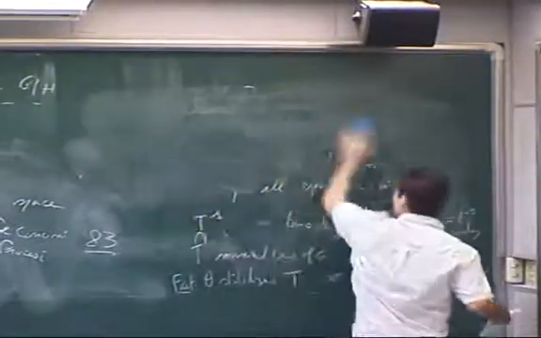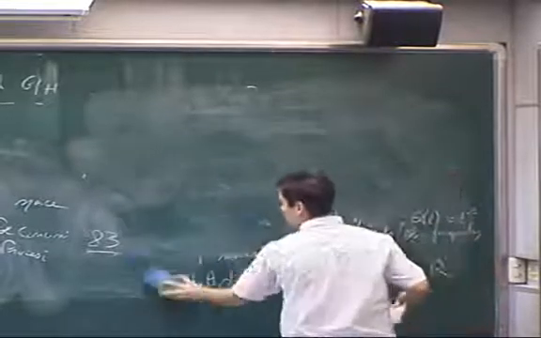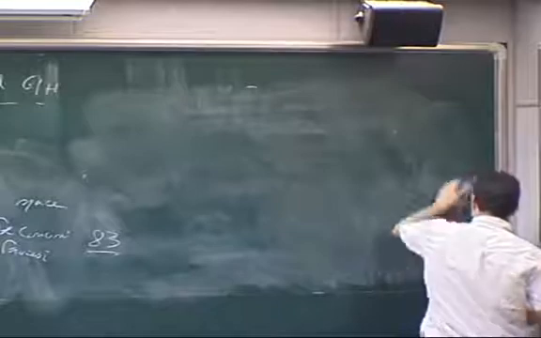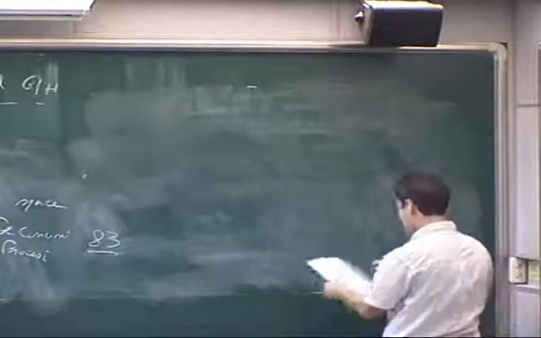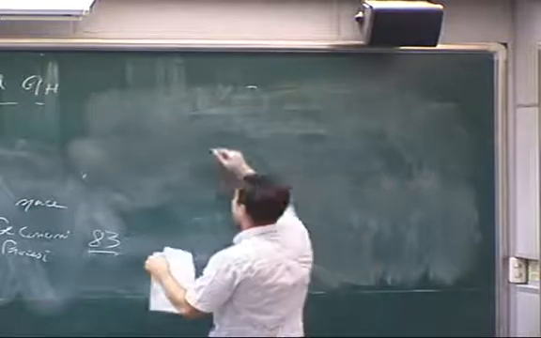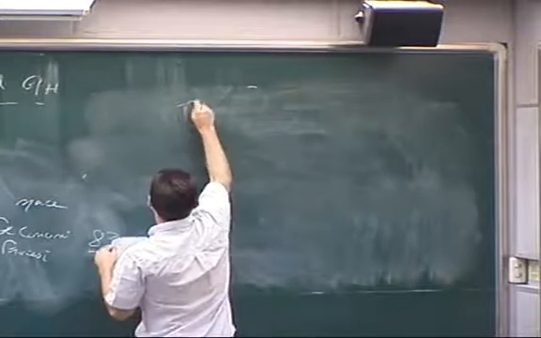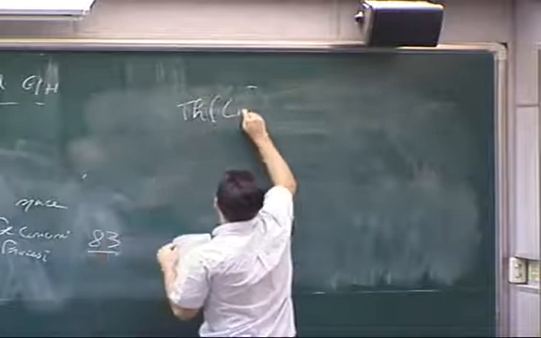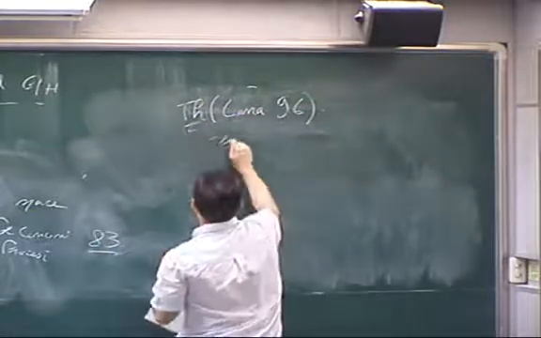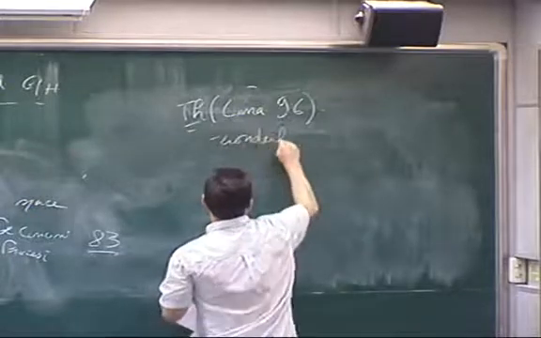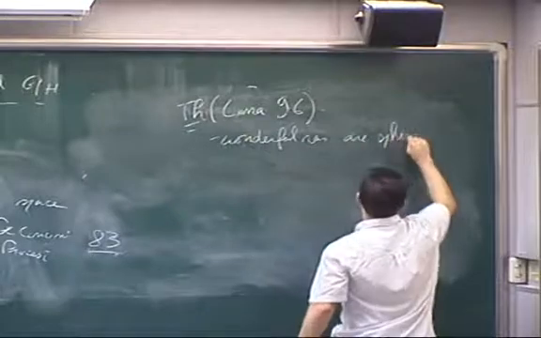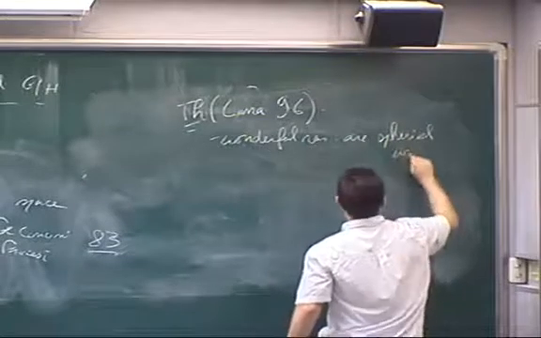So in 83, it was not yet known that wonderful varieties are spherical. And in 96, Luna proved that wonderful varieties are spherical and projective.